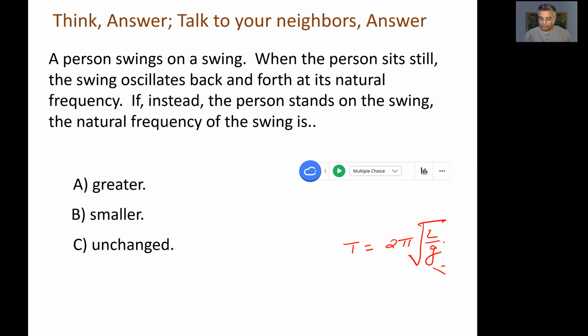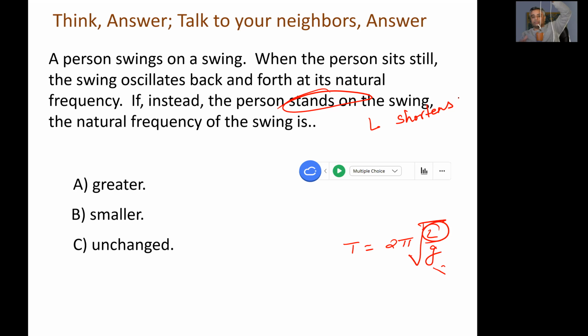G remains same, right? So length changes, doesn't it? Because center of mass shifts up. So length becomes shorter. So it stands up. Stands means L shortens. Center of mass shifts up towards the point of suspension, right?